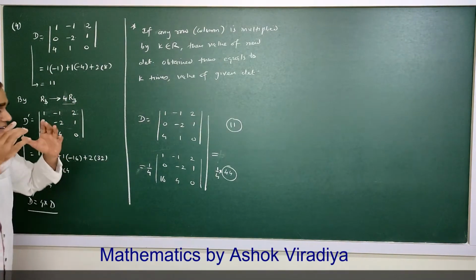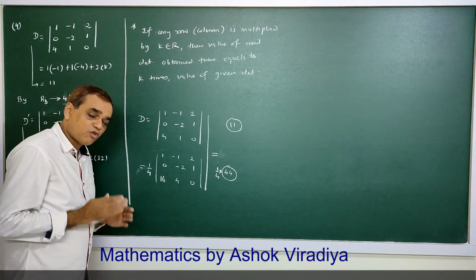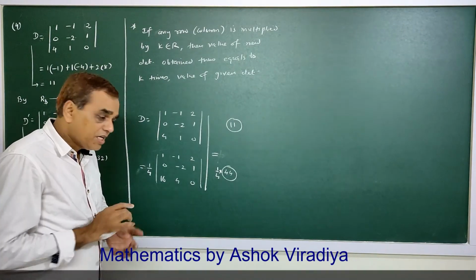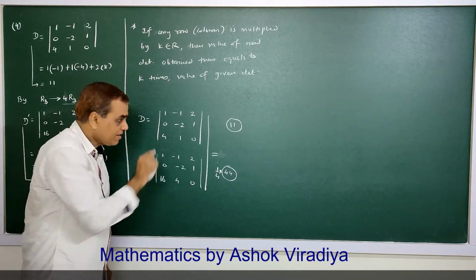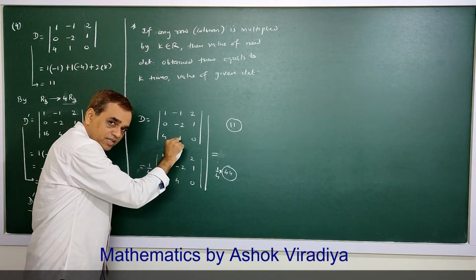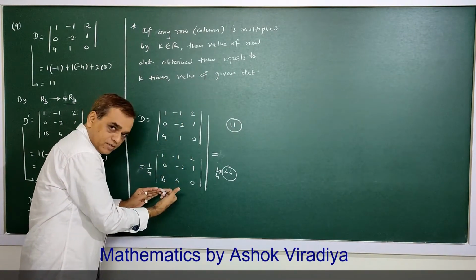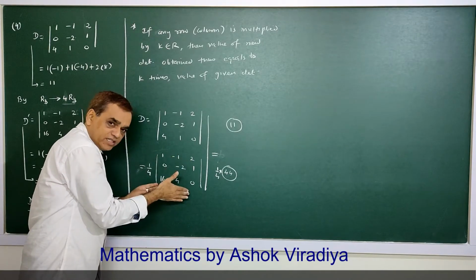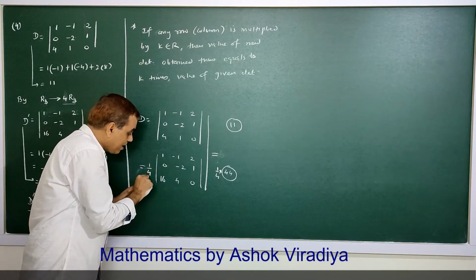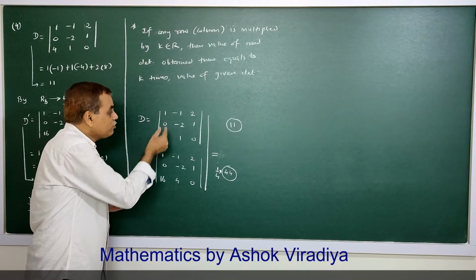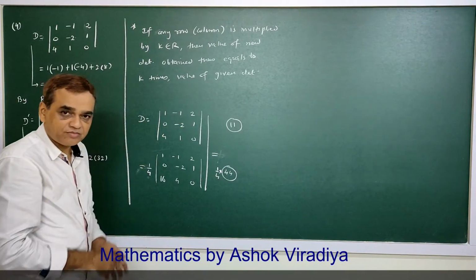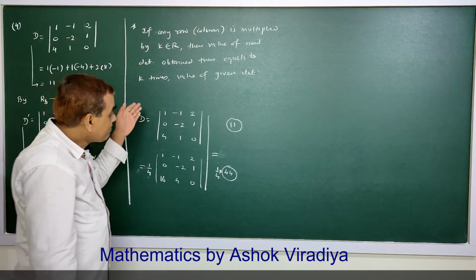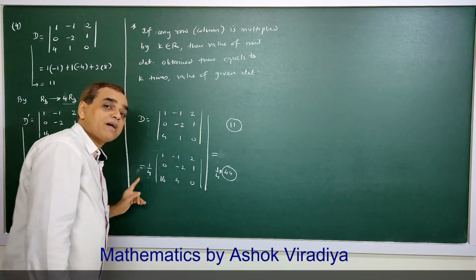That means whenever doing questions, whenever you multiply any row or any column by 4, then in the next step, whatever new determinant you get, divide by 4. If you multiply by 5 here, divide by 5 there. If you divide by 5, then multiply by 5.